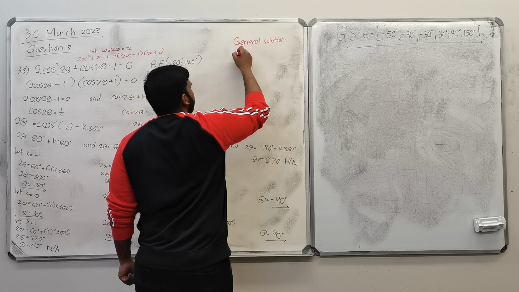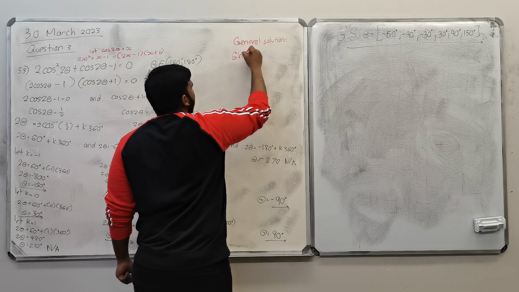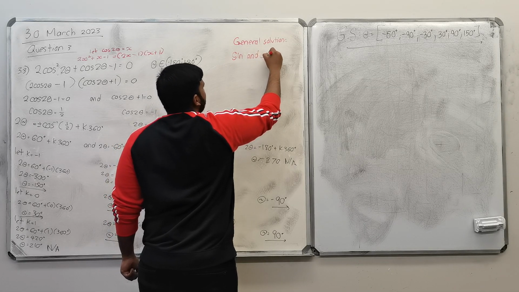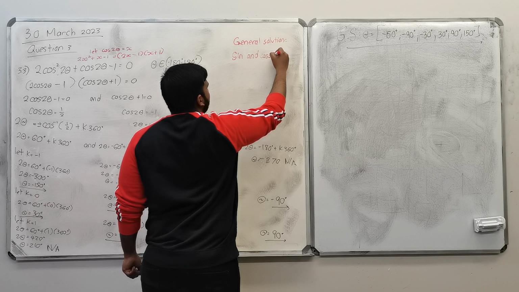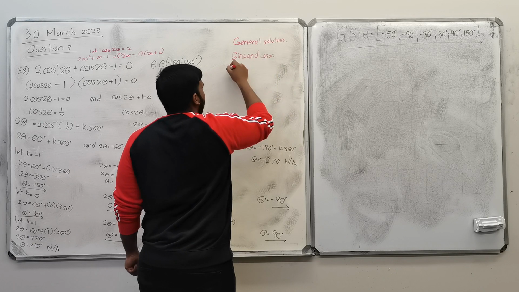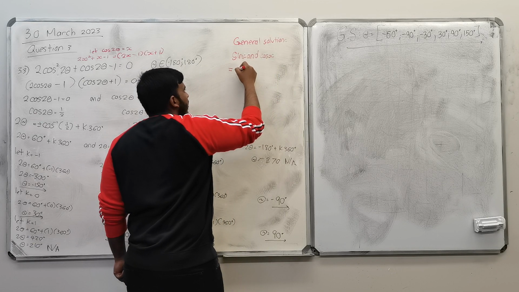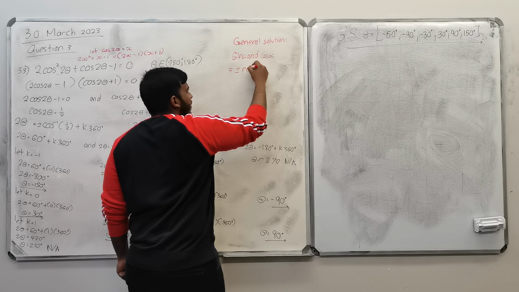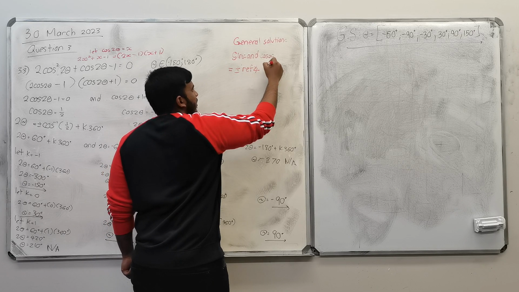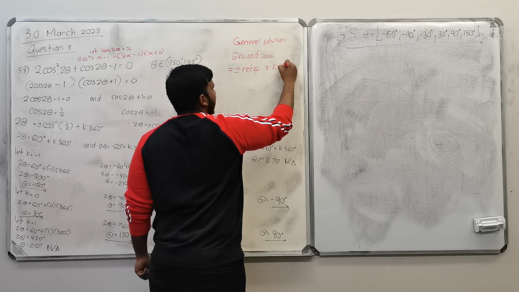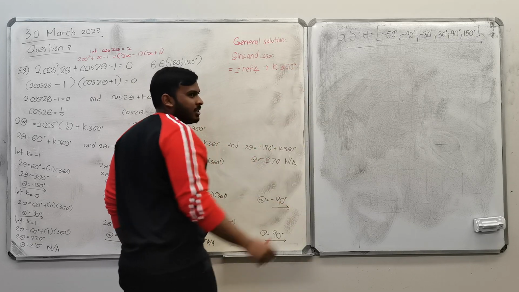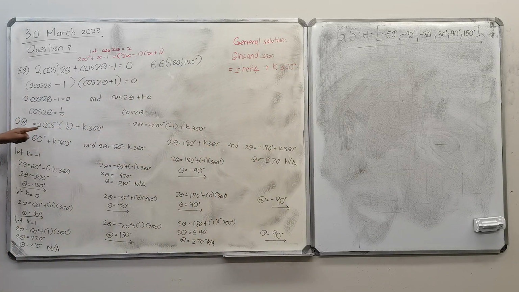For general solution for sine and cos, it's going to be your plus minus of your reference angle plus k times 360. Remember, my reference angle here is shift cos of 120. My reference angle is 60 degrees.